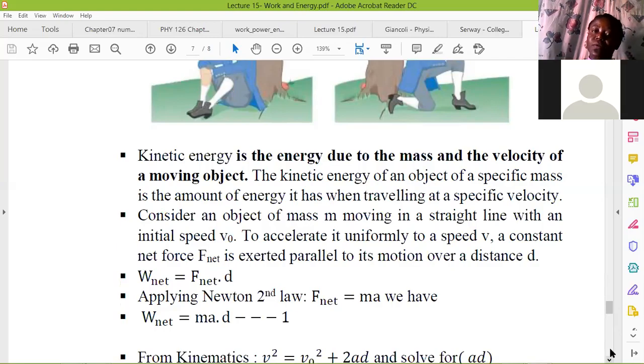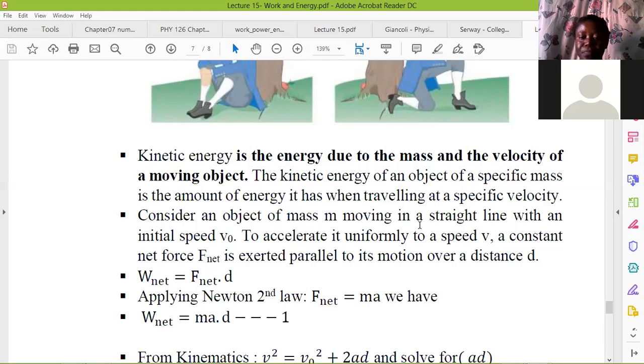Let me say I don't know the equation, someone just comes out of the blue and doesn't know how to get it, so we can see how to derive it. Let's consider a moving object of mass m, moving in a straight line with an initial speed v naught, and it accelerates uniformly to a final speed equal to v.